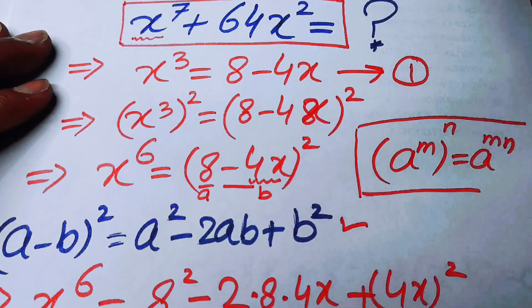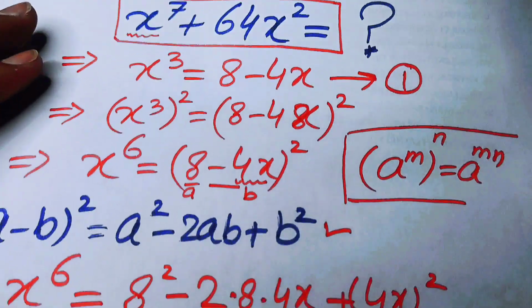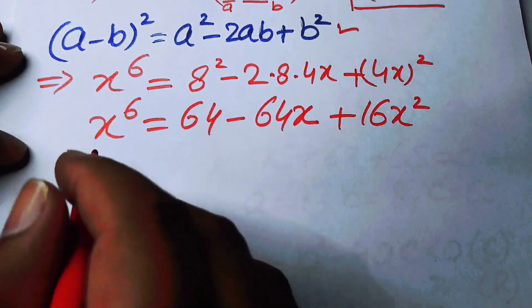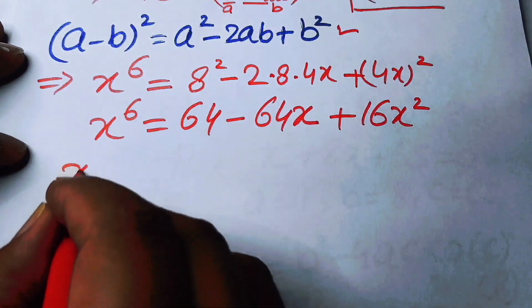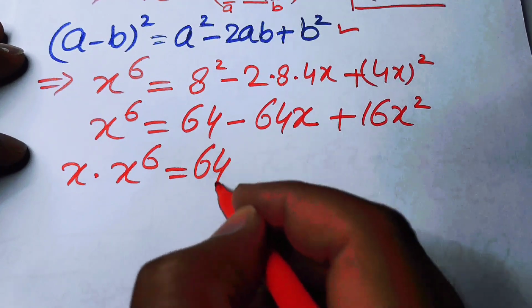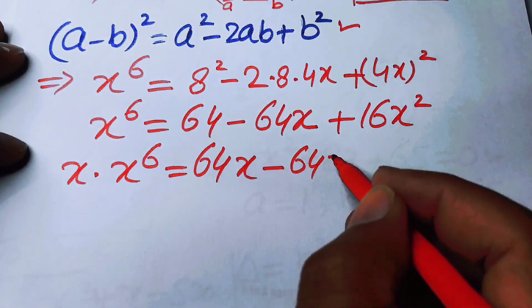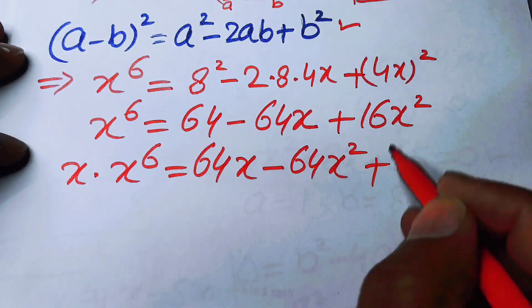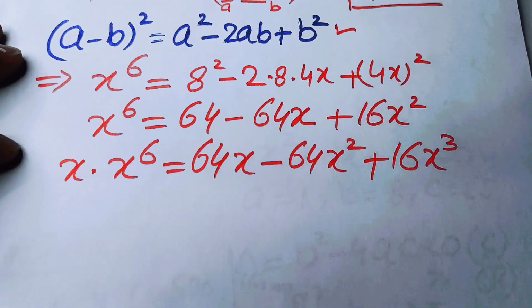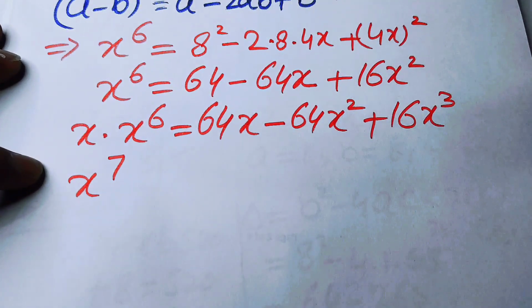On the left hand side you have x to the power of 6, and at the start of the question we need to find x to the power of 7. So in order to find the value of x to the power of 7, we just multiply both sides by x. So it becomes 64 times x minus 64x squared is equal to 16x cubed, and on the left hand side we have x to the power of 7.